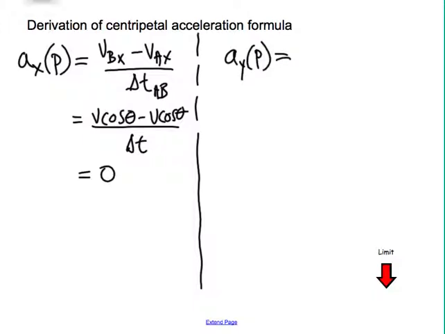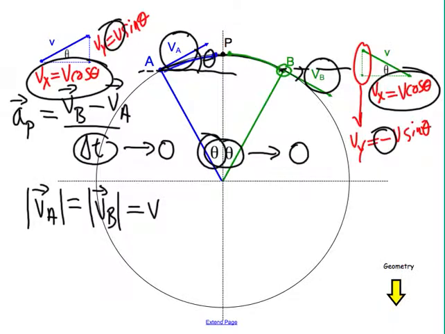And that will equal the exact same formula, just with y. So it's v by minus v ay, divided by delta t. Now, these two components have the same magnitude, but different directions. Remember, one of them was v sine theta without a minus sign, and this one had a minus sign. So at B, we have a minus sign.